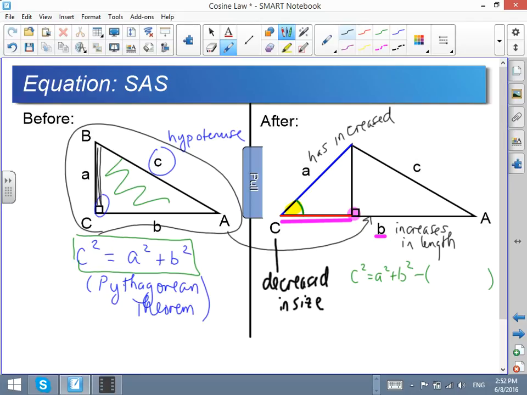It's going to allow us to use the Pythagorean relationship. That factor has to take into account the fact that b has increased, the angle c has decreased, and that a has increased in size. So that particular factor is the product of 2ab multiplied by the cosine of angle C.